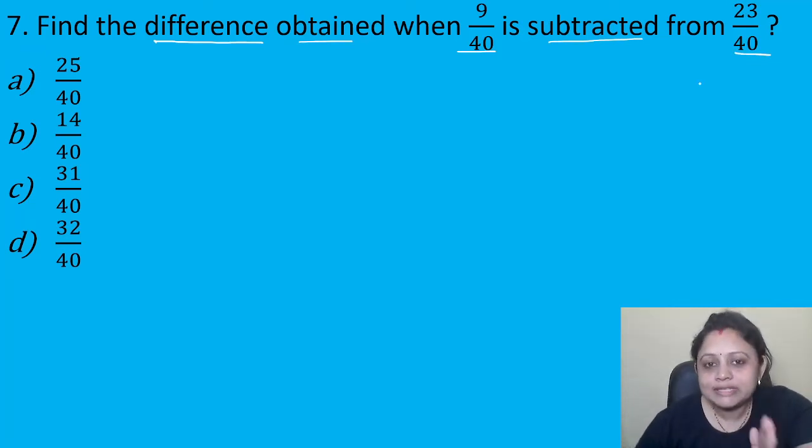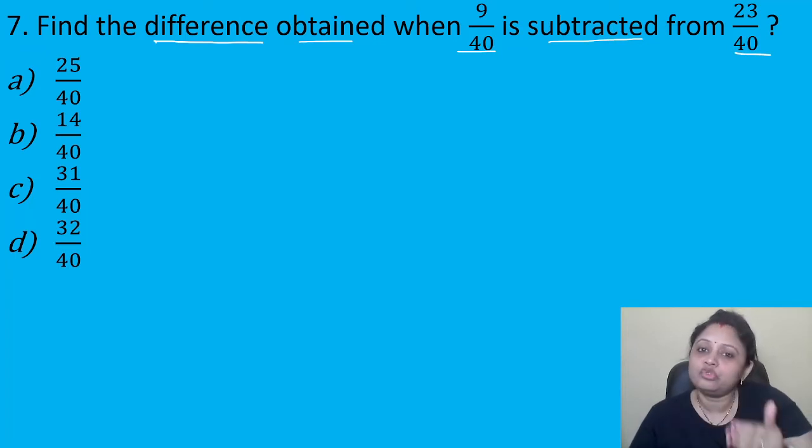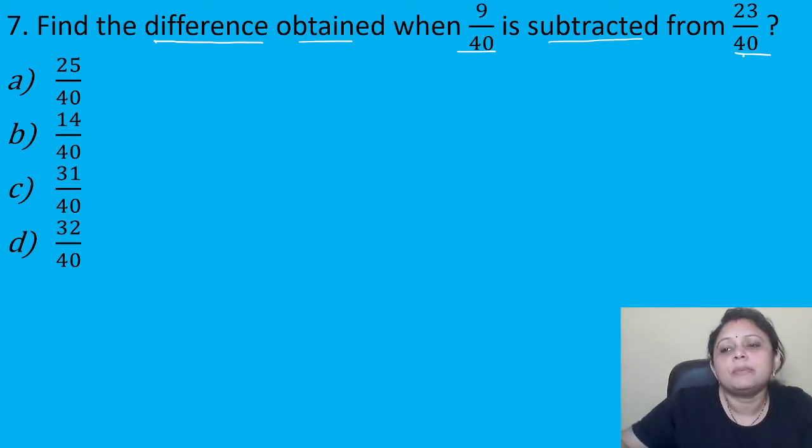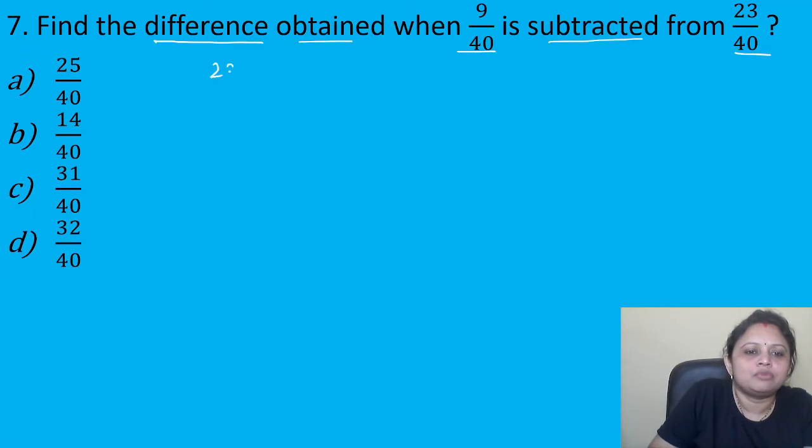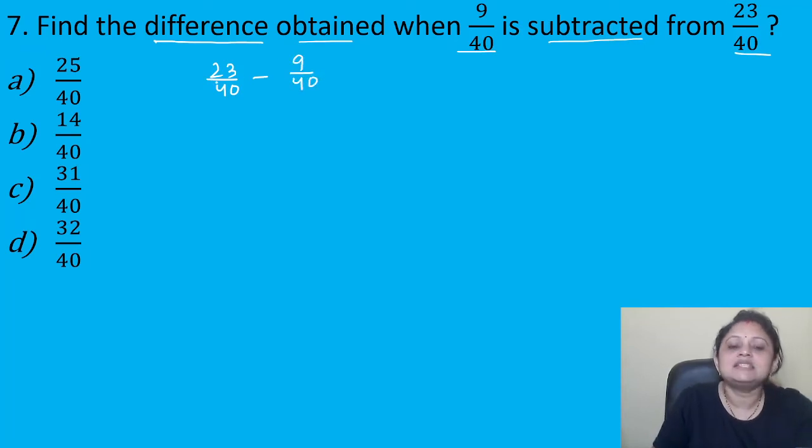When this type of question is given, the number from which we subtract, we have to write that number first. From 23 by 40, so we write 23 by 40. What we are subtracting is 9 by 40. So we write it as 23 by 40 minus 9 by 40. Again the denominators are the same.